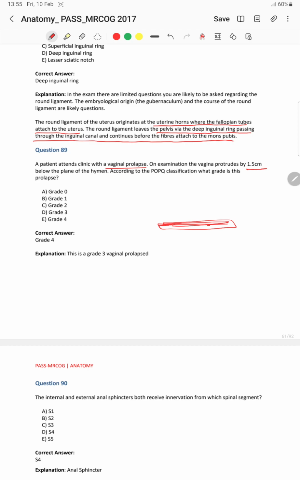When the prolapse is more than 1 centimeter below the plane of the hymen, it is grade 3, up to 2 centimeters. When it is more than 2 centimeters, it is grade 4. So the answer is grade 3. I think this is not grade 4. It is grade 3.